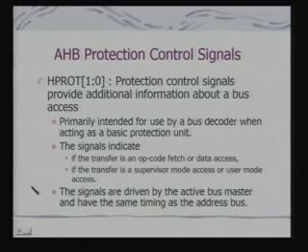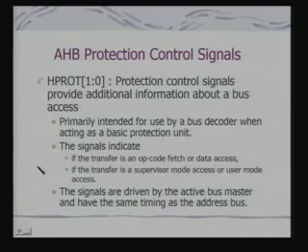These signals really do not provide the protection, but they actually encode the status of the current transaction. By making use of these bits, the bus decoder can function as a basic protection unit.